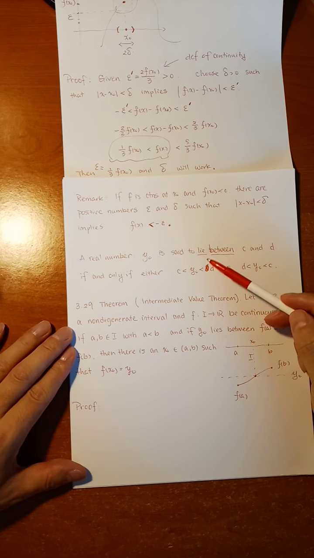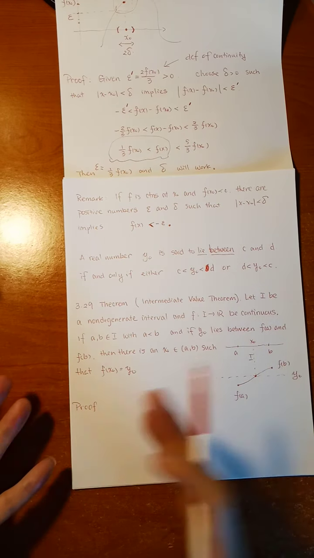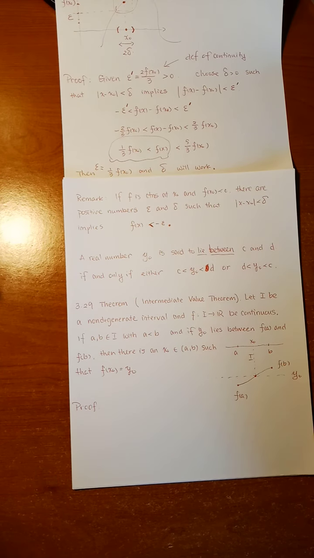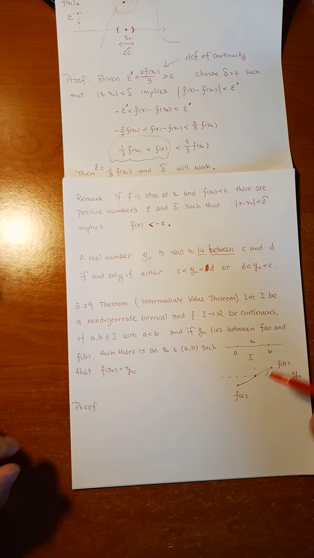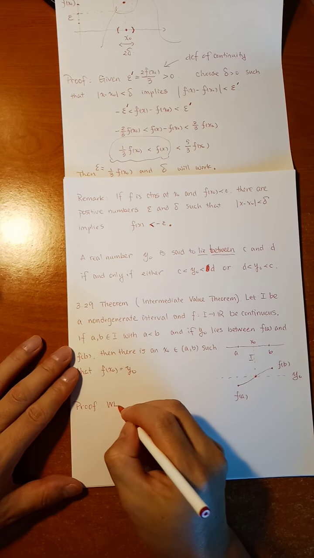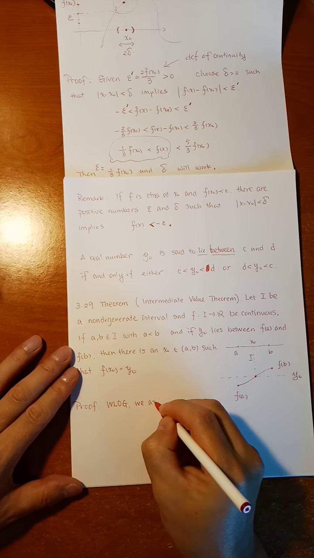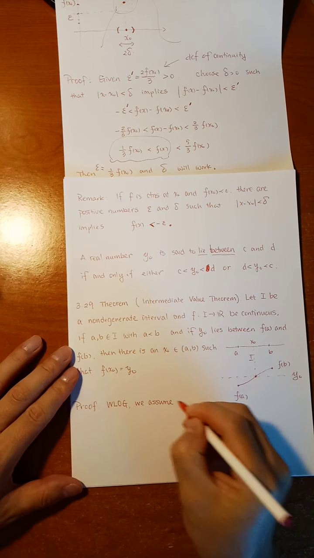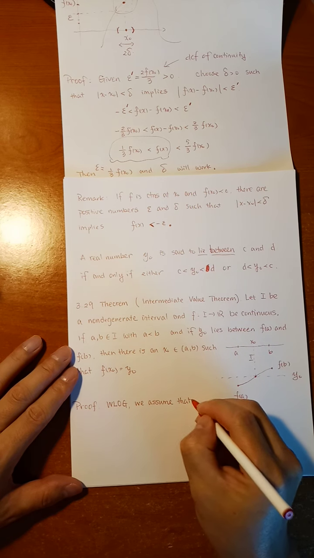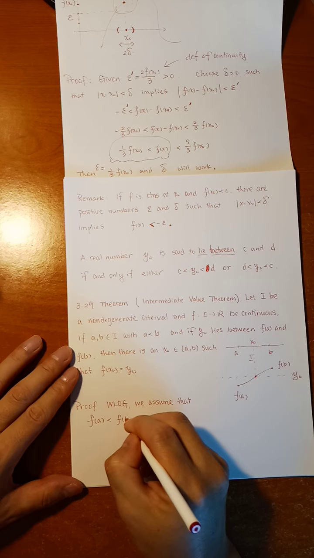Because of this definition of lying between two points, you have two possibilities, but those two possibilities are symmetric. Either C less than D or D less than C. There's no difference between those two possibilities. So here, we can say that without loss of generality, we assume that f(a) is less than f(b).